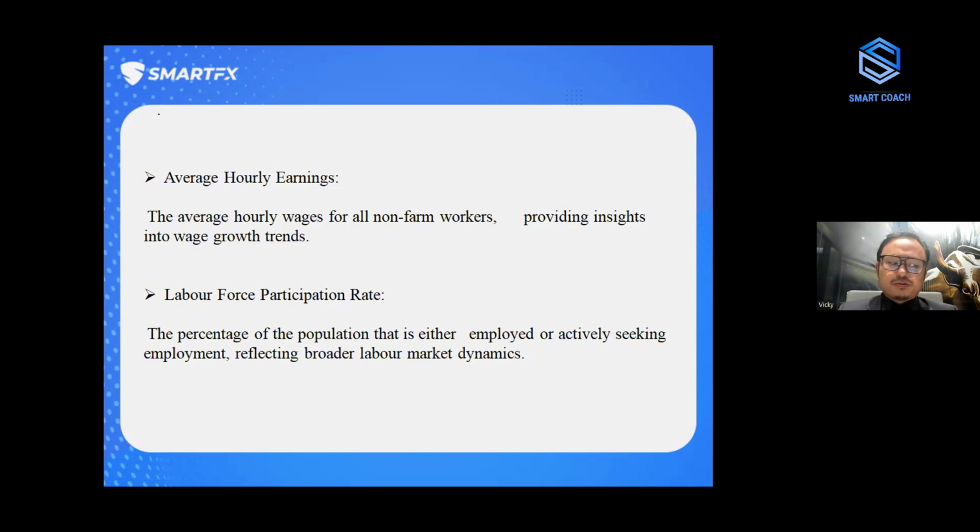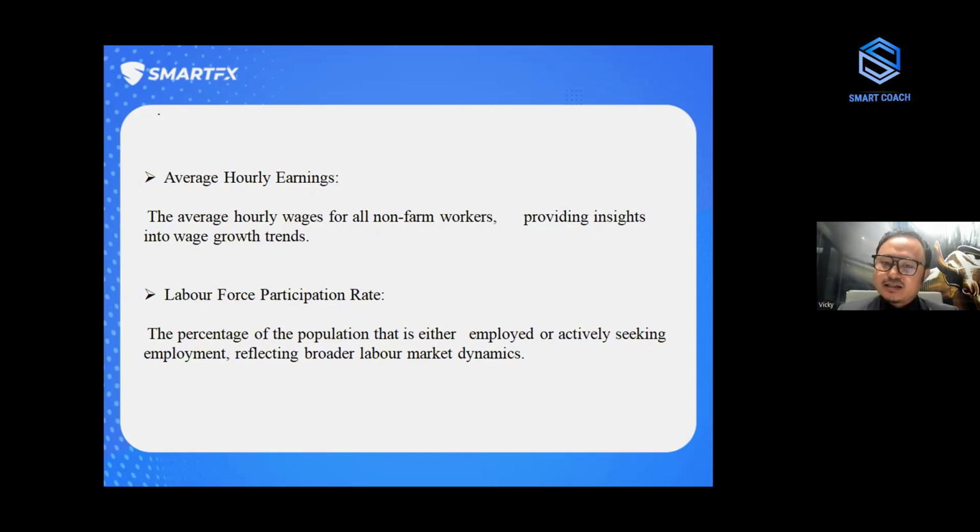There might be more people at work by number, but if their earnings are less, that is equal to fewer jobs. Which means on paper, more people are employed, they are at work.